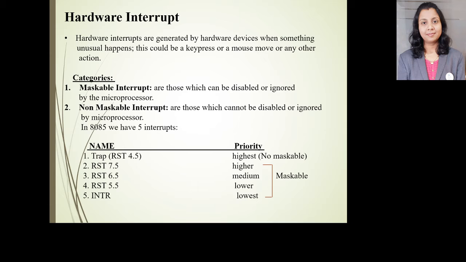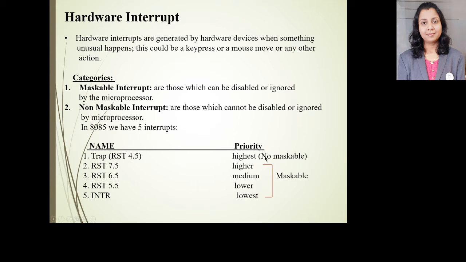In 8085 we have 5 interrupts. The names of the interrupts and their priority are given. There are 5 types: TRAP (RST 4.5), RST 7.5, RST 6.5, RST 5.5, and the last one is INTR. The priority of TRAP, that is RST 4.5, is highest and INTR is lowest.